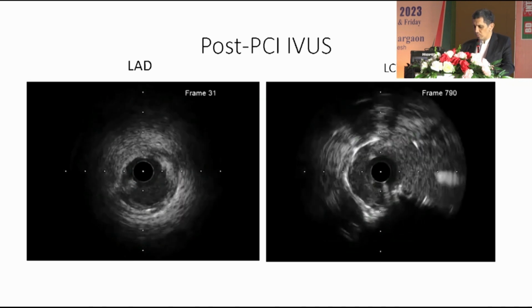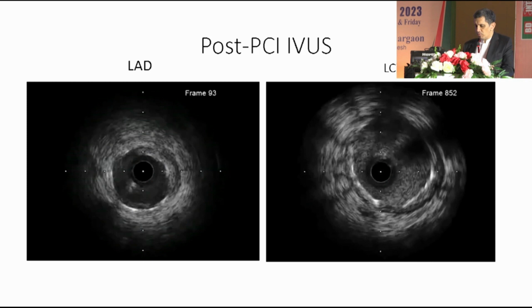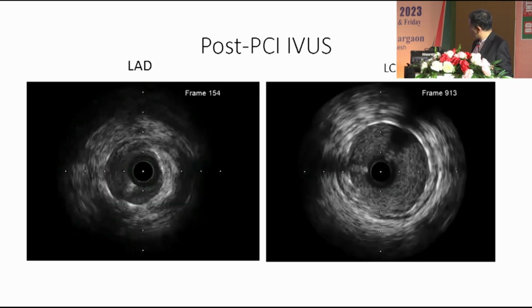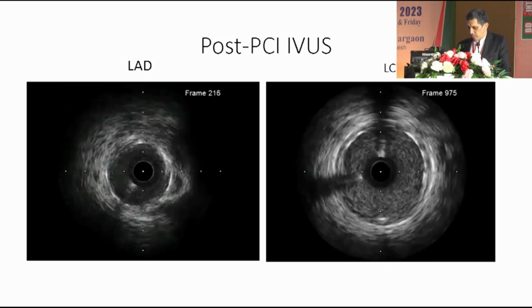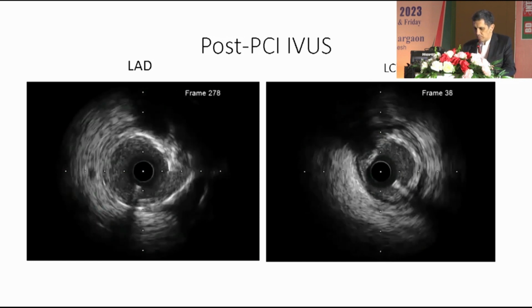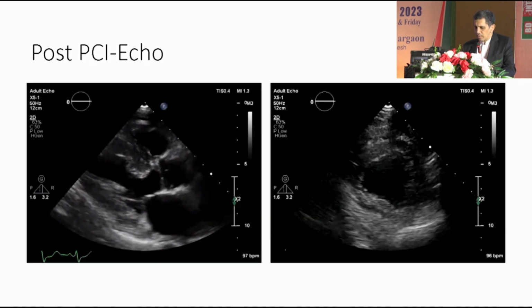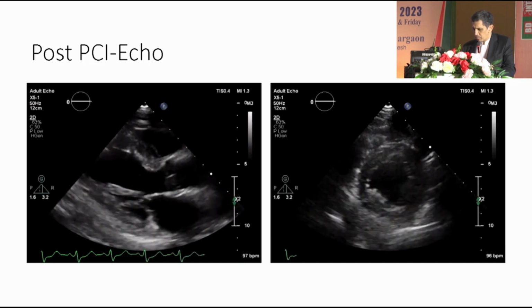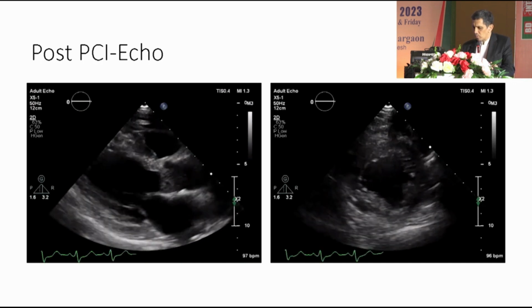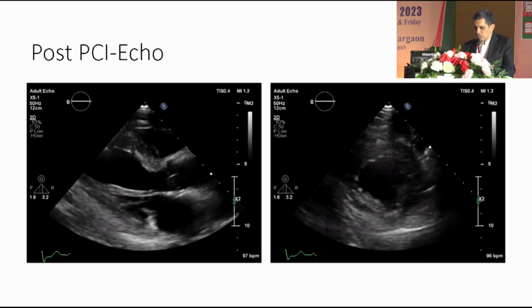If we have time, we can discuss what kind of IVUS findings there are, but in the interest of time, the ECG looks better, and the echo looks okay. Preserved LVEF.